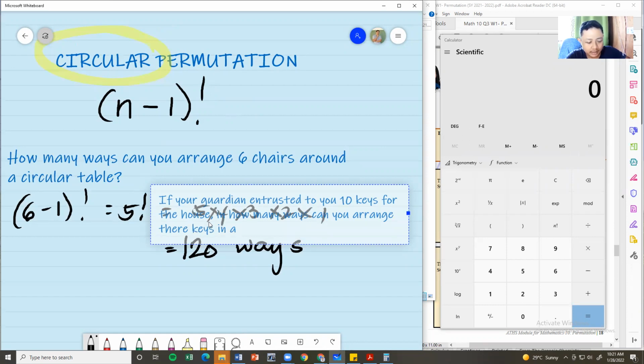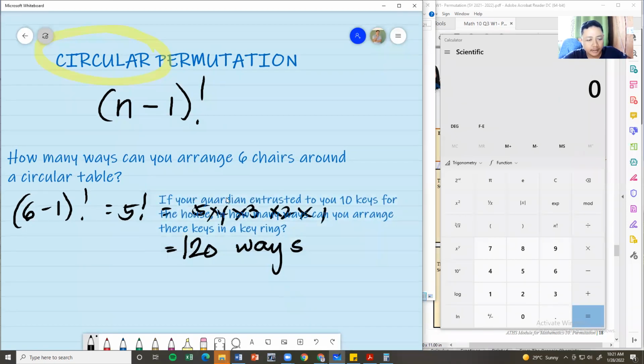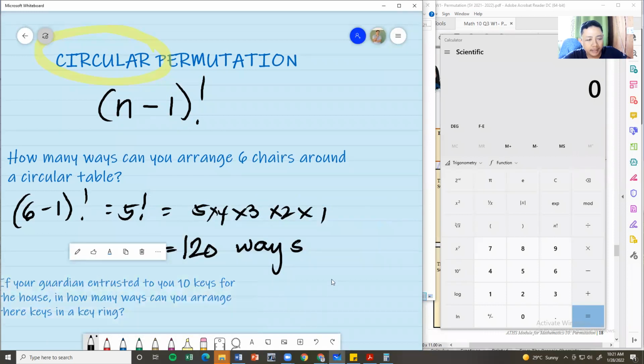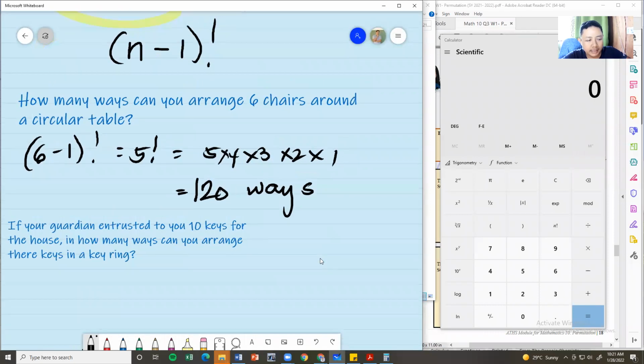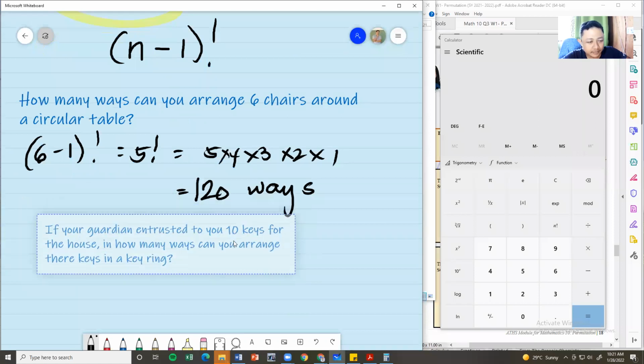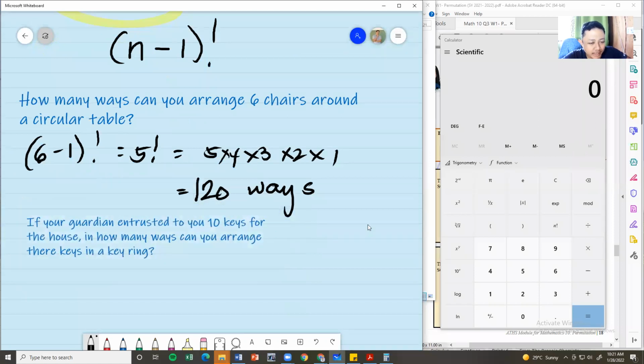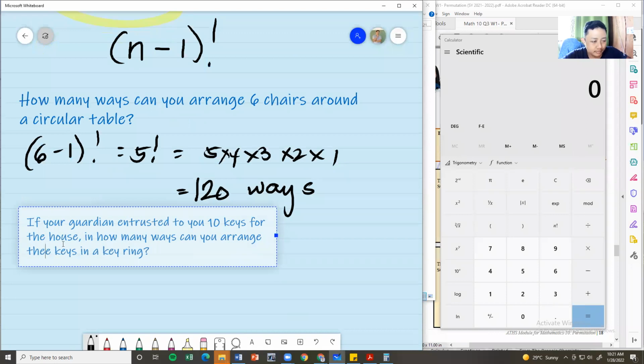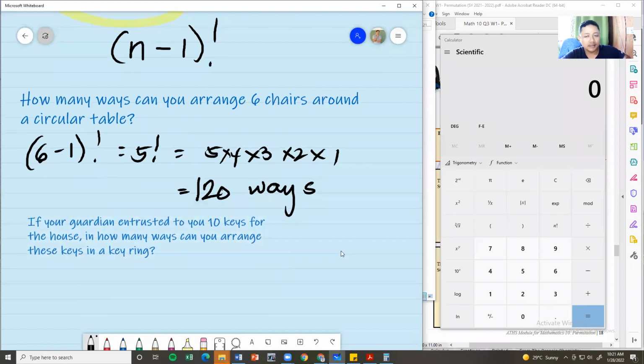in a key ring? Are you familiar with the key ring? The key ring is the circle where you insert the keys. If your guardian entrusted to you 10 keys for the house, in how many ways can you arrange these keys in a key ring? Go.